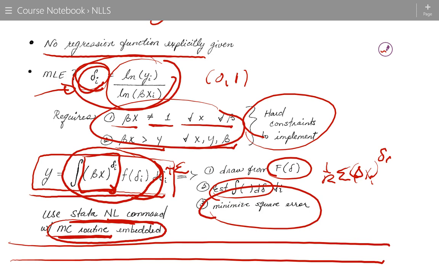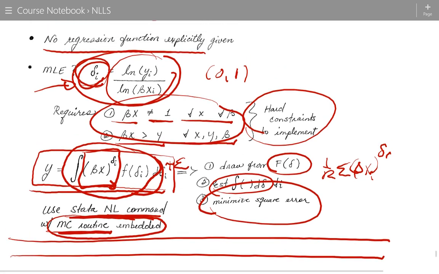And because all that Stata cares about is that it has a variable that it generated that gave the expected value, it's then going to minimize the sum of squared errors based on that expected value. So similar to maximum likelihood, you can embed Monte Carlo integration routines within the programs that you might use for Stata's nl command.